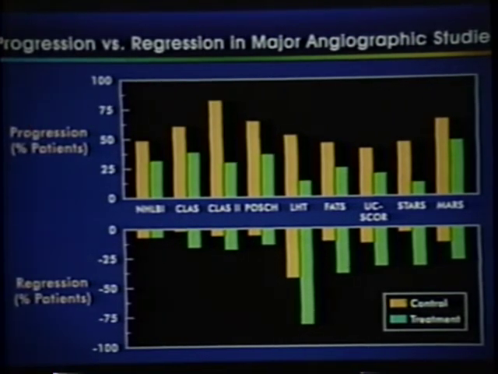And furthermore, maybe even more important, the progression, that is plaques getting bigger, was much less in the treatment group compared to the control group. In addition to angiographic evidence of change in plaque size, coronary event frequency also diminishes very significantly in people who've had one event and whose cholesterol levels are lowered subsequently.